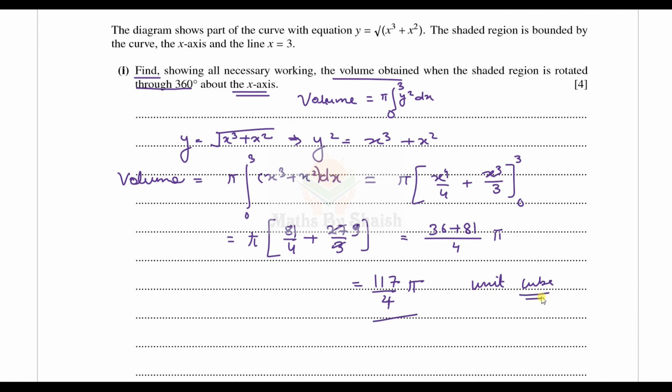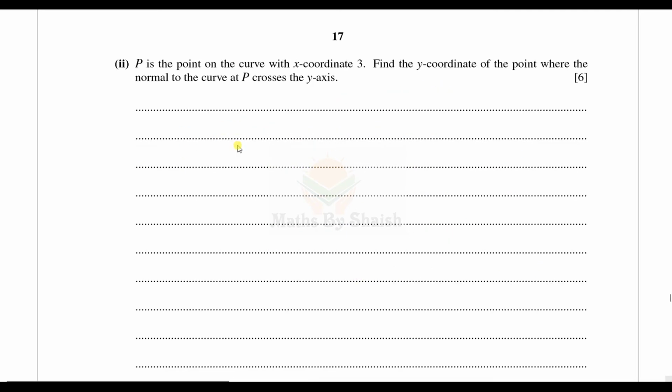Now let's do the second part. P is the point on the curve with x coordinate 3. Find the y coordinate of the point where the normal to the curve at P crosses the y-axis. So this is the graph, and suppose this is P, where the x coordinate is 3 and the y coordinate we don't know.